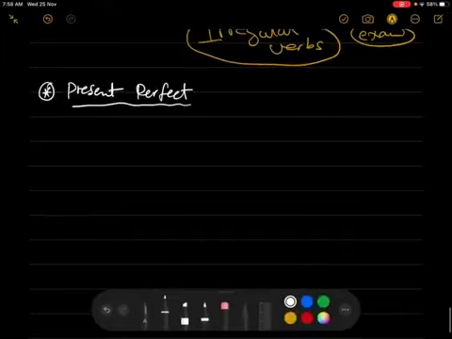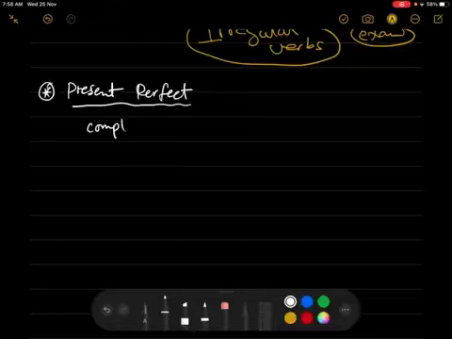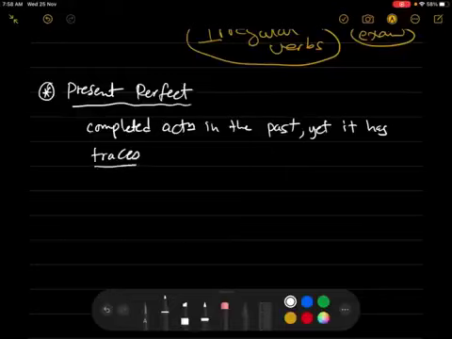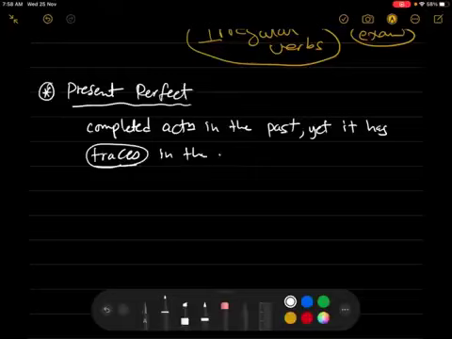So present perfect is used to express a completed action in the past, but yet it has traces. Traces means effects in the present.